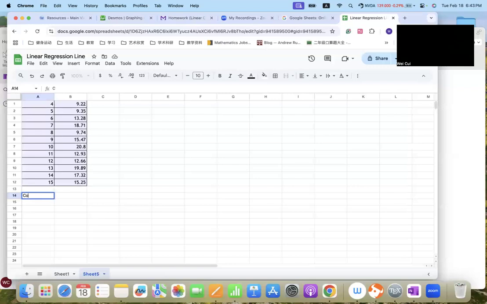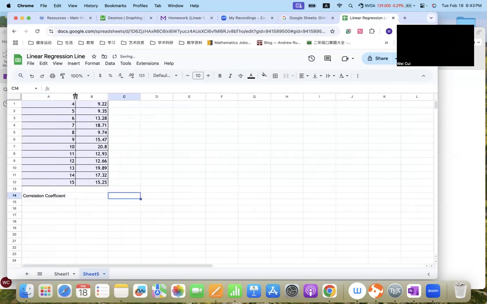So this is my correlation coefficient. So enter CORREL.